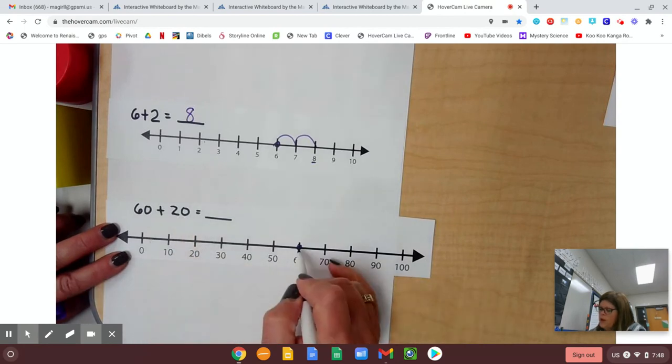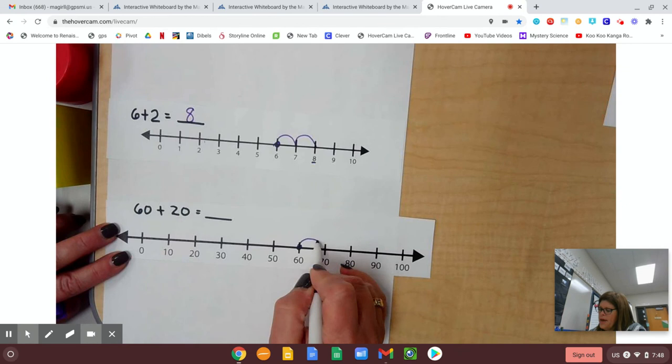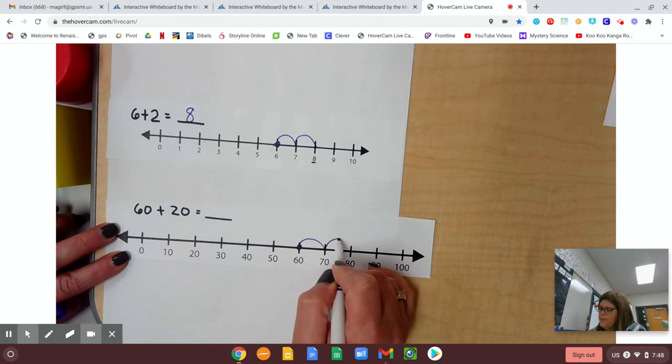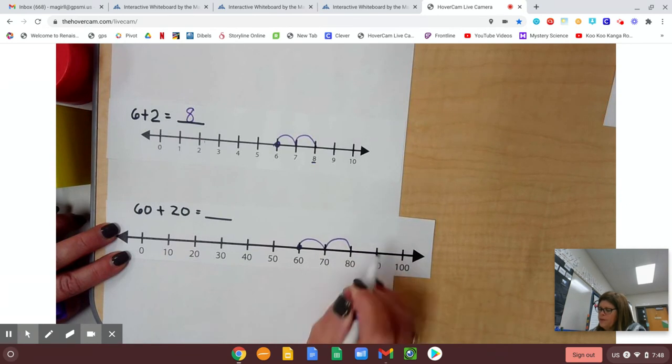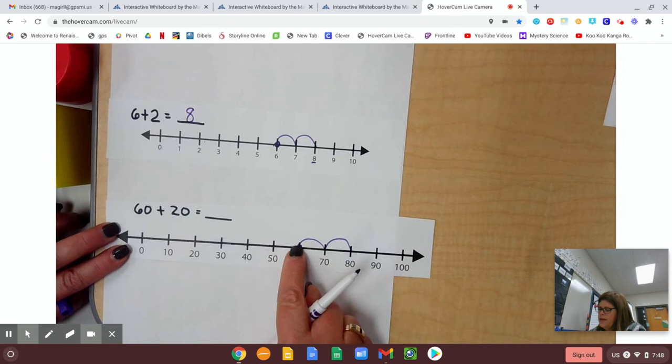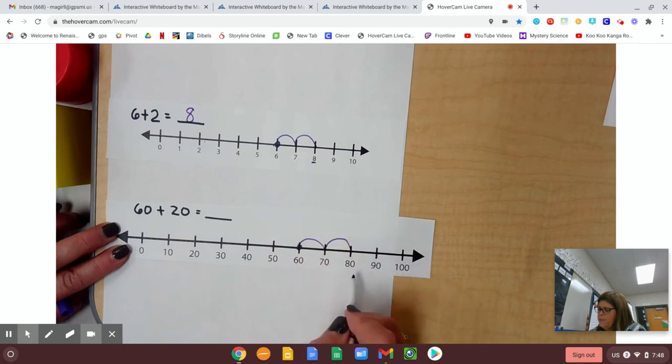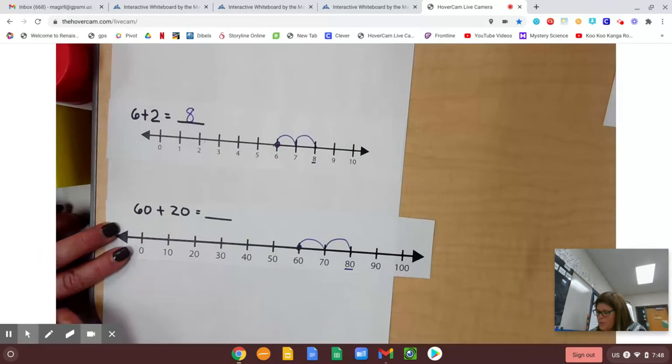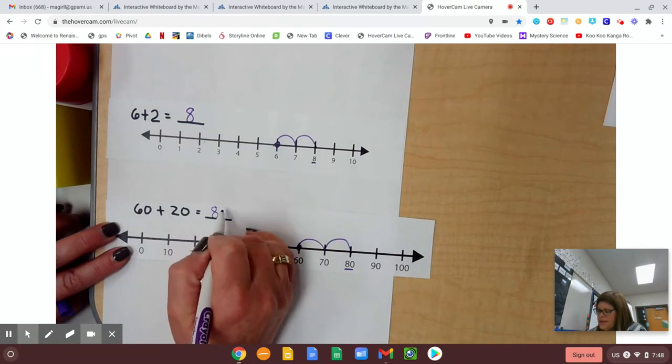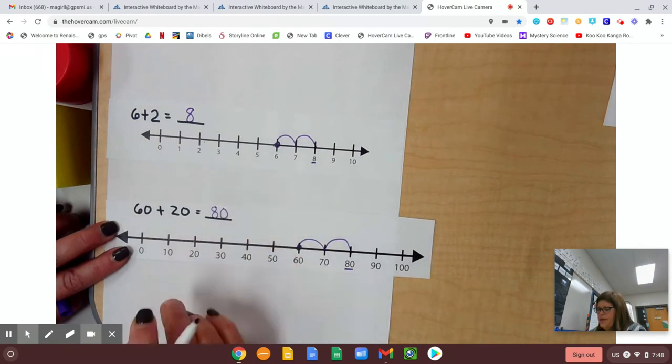So remember, when I do one jump, I'm counting 10. In another jump, I'm counting 20. So I went from 60 and 10, 20 more. Where did I land? That number is 80. Yes, I landed on 80.